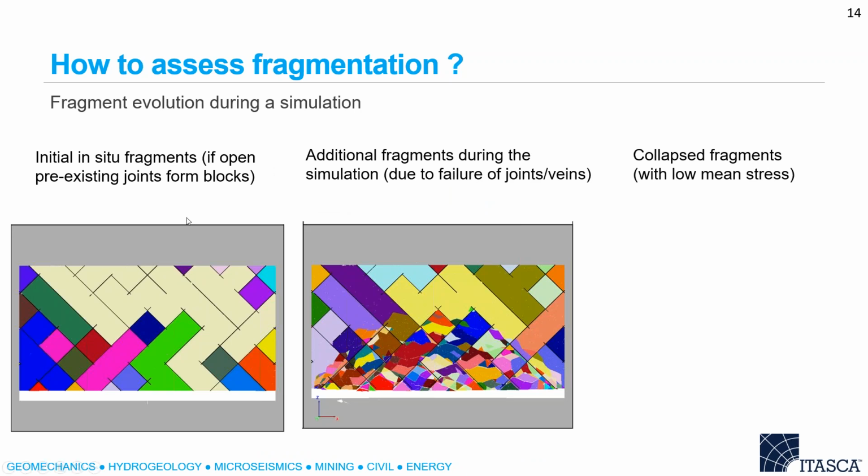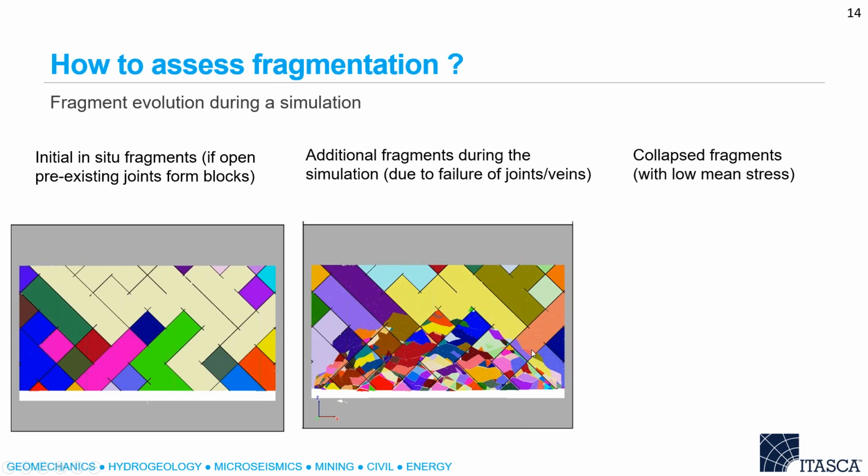So here I show you the different types of fragments in a simulation. If we already have cohesionless joints in the model, before performing any sort of perturbation or excavation, we initially have what I call in situ fragments formed by open joints in the model. Then when we excavate this region, for example, we have additional fragments due to the breakage of the BBM that is located between those joints.